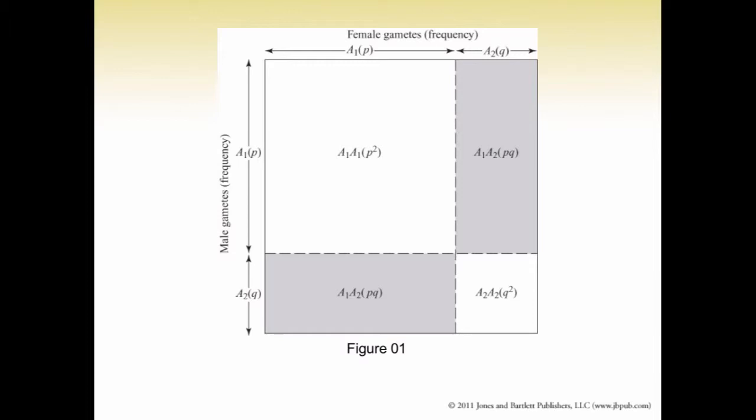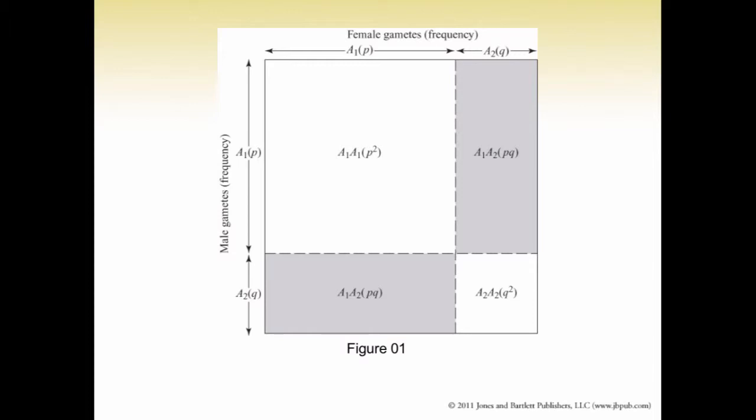The frequency of A1, one allele, and A2, the second allele. So we're assuming a biallelic system where there are only two alleles. Later we can consider more alleles. And they're going to have a frequency that sums to 1. But in a single diploid organism, if it's a heterozygote, it's 50-50.